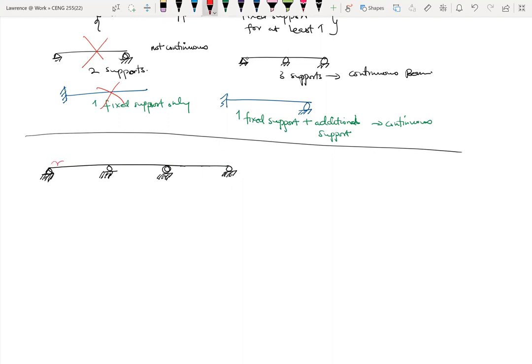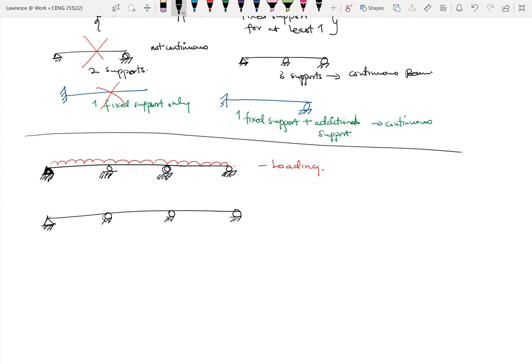Let's call that load a UDL so that it makes sense to us. So if this is the loading, I can redraw the same beam. Sorry, this end is pinned, okay?